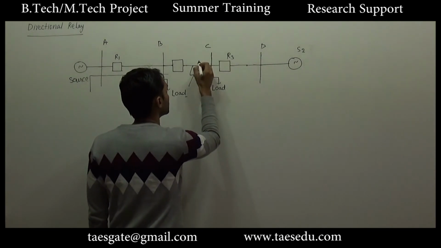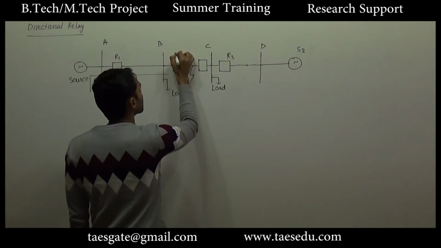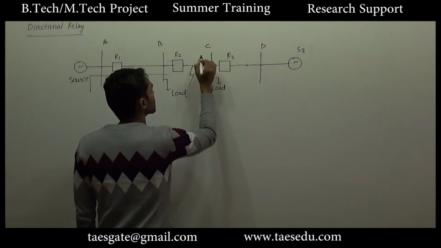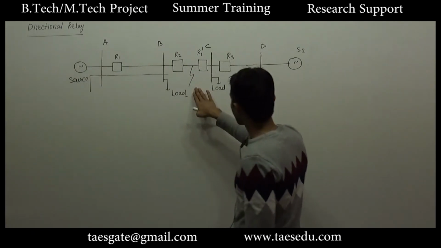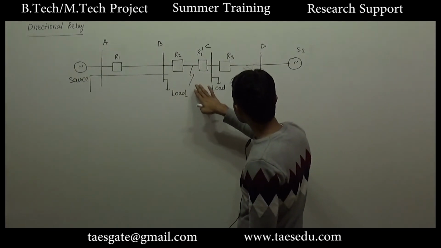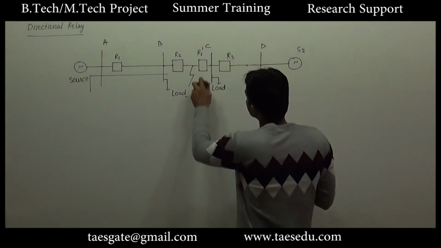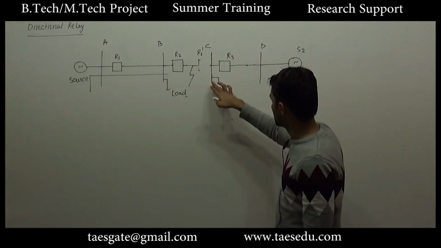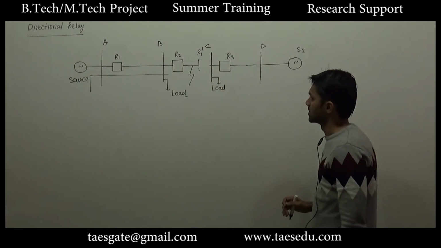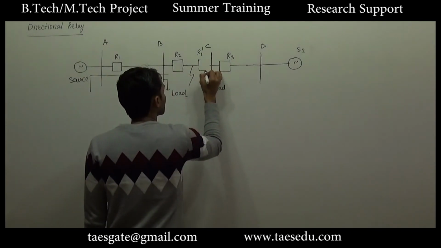Let's say if we have a relay here, R1, R2, this is R3, and let's say this is R2 dash. So for this fault, instead of relay R3, if relay R2 dash operates, this part will be open circuited, and whatever load is connected to bus C will continue to get the power supply. So this will be the preferable case. So let us connect a relay here, R2 dash.